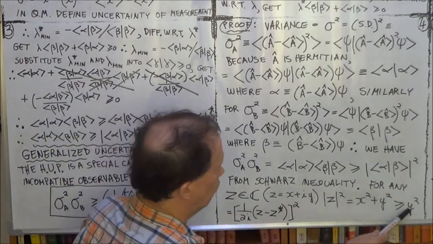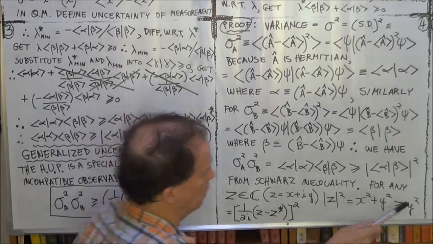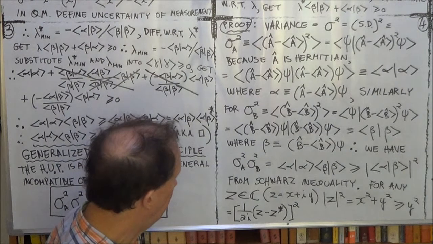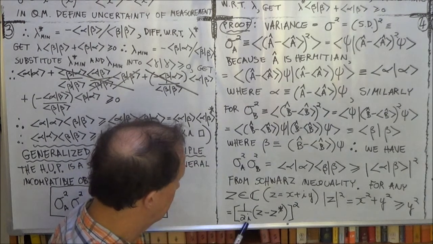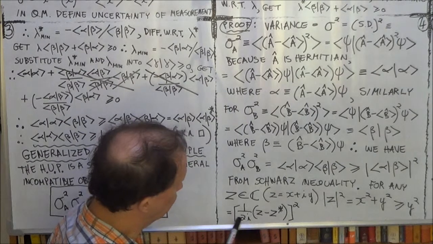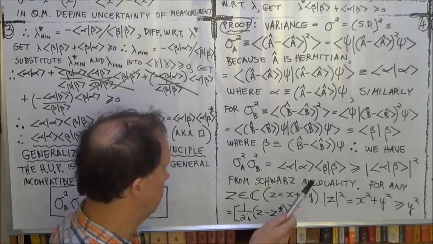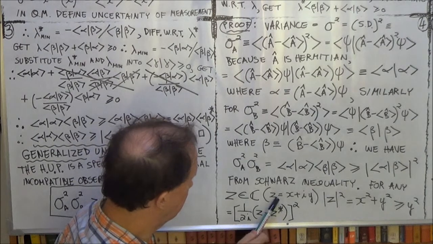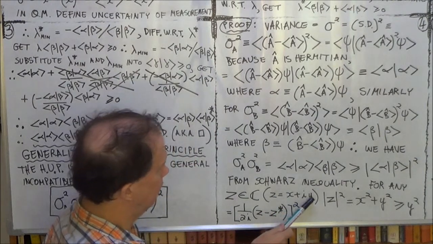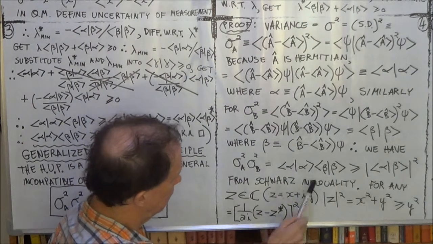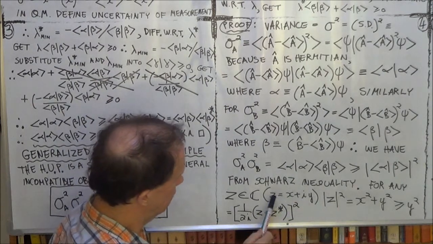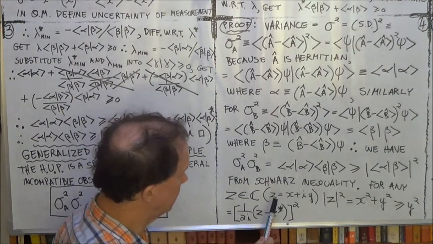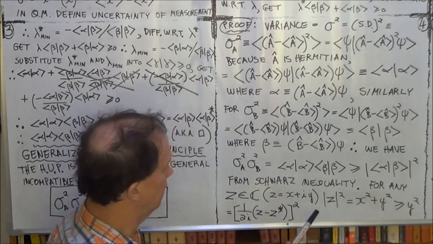Now you can rewrite y in y squared in these terms. Can you see where that comes from? Well, just quickly let's do it. We're trying to solve for y. So z star gives you x minus iy. You take z equals x plus iy, and add to it z star, which is equal to x minus iy.